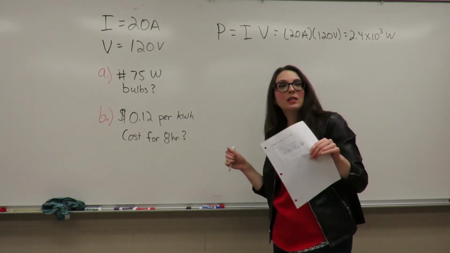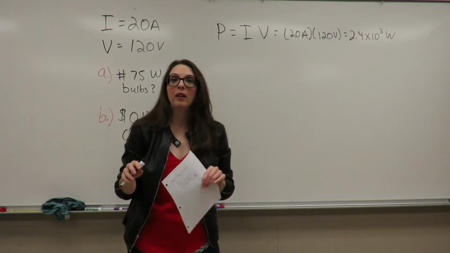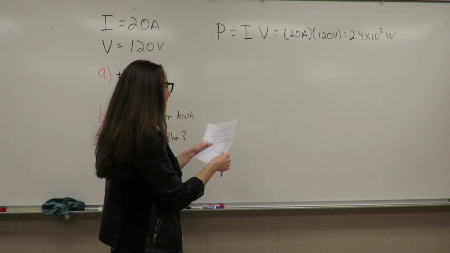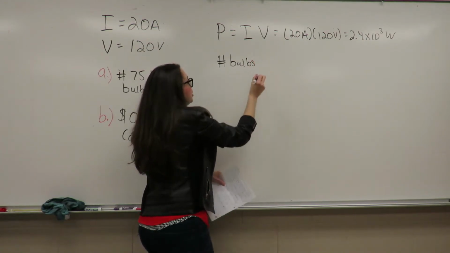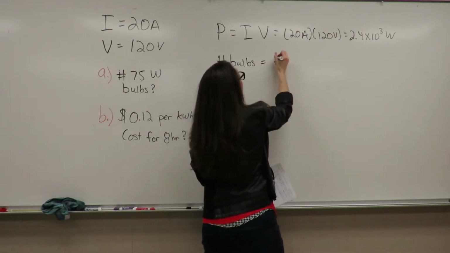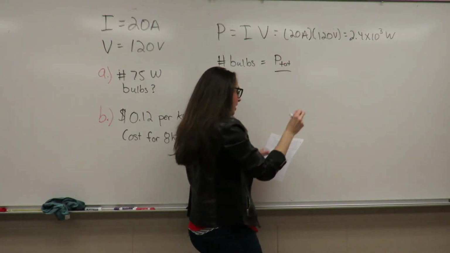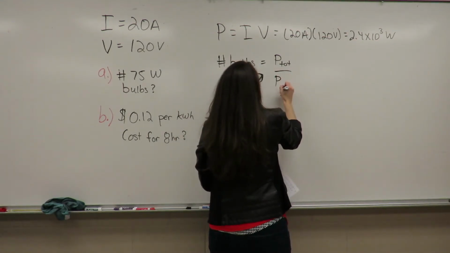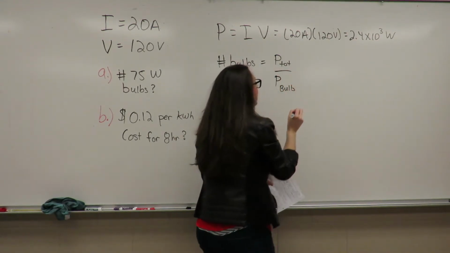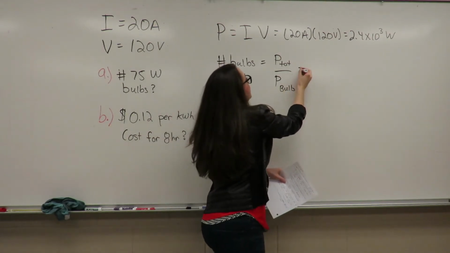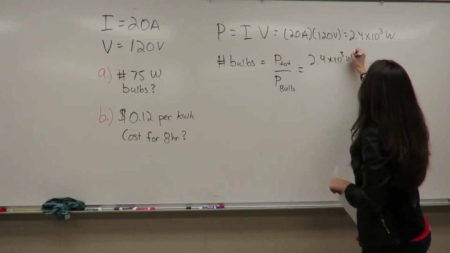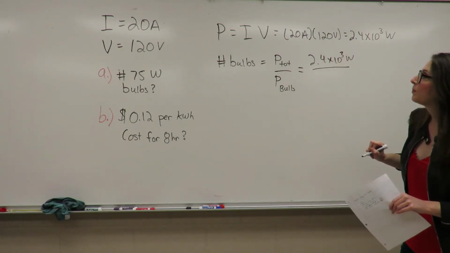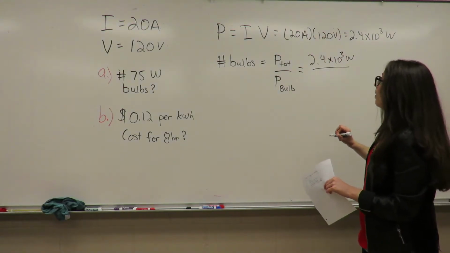And how many 75-watt bulbs can we light up with this amount of power? To find our number of bulbs, we just take the total power and divide it by the power required per each bulb. So we've got 2.4 times 10 to the 3 watts divided by our bulbs.